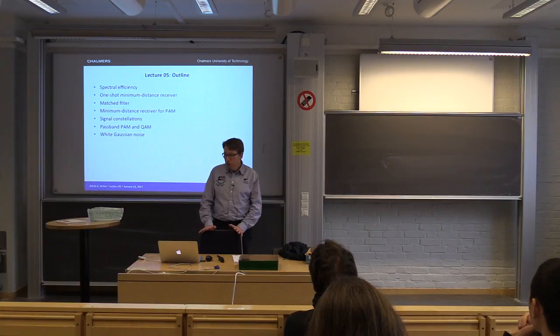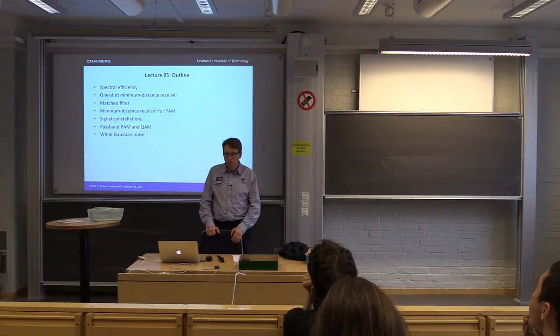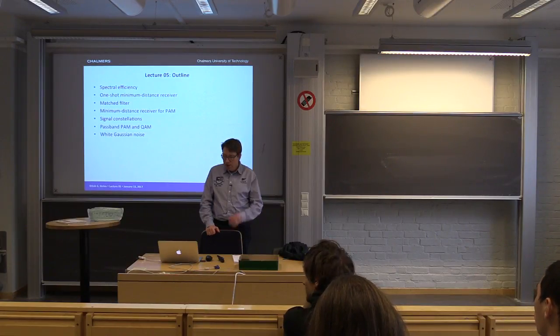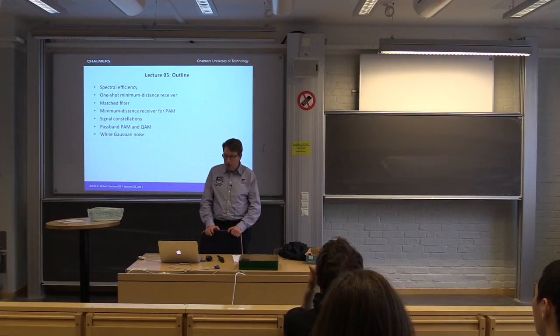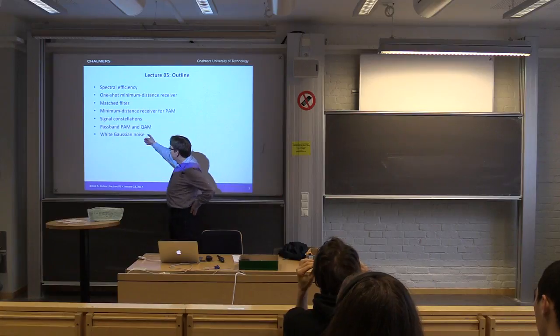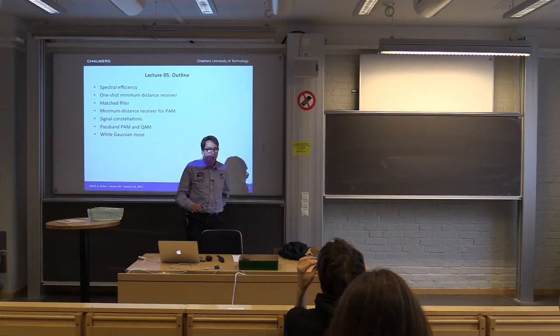Okay. So today we will talk more about physical layer, spectral efficiency, one-shot minimum distance receiver, matched filter, and signal constellations. And if we have time, we'll also cover a little bit on white Gaussian noise.